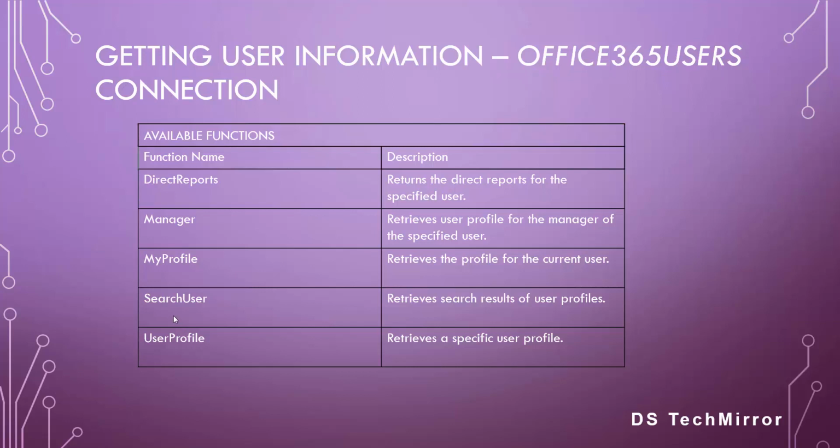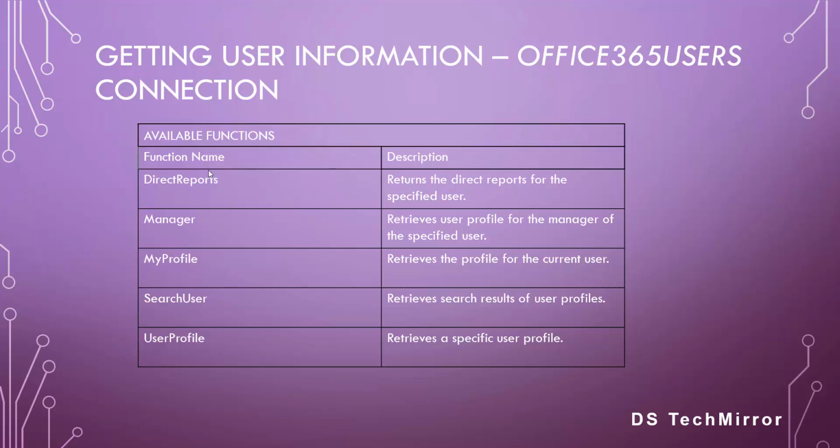email ID that we pass as input. And we have another function called search user, using which we can search users based on a search term, be it the first name, last name, whatever it is. Using that, we can search users from our Azure AD.